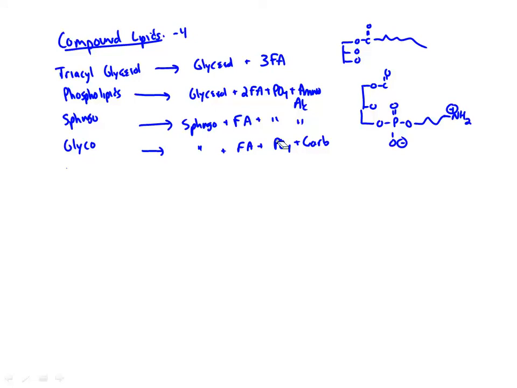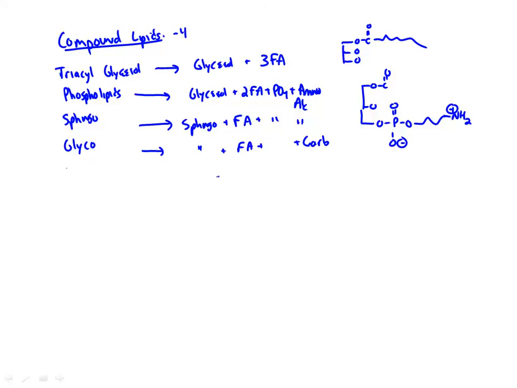Actually, there is no PO4 in this one. And so the key is to look for the parts that are the same and the parts that are different and make some sort of pattern in your head.